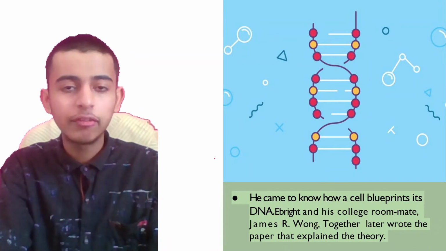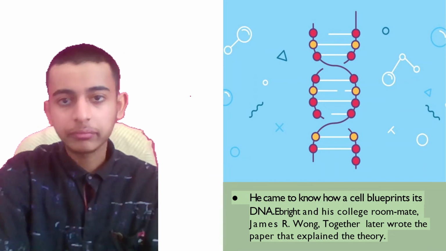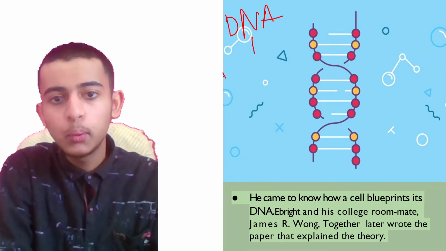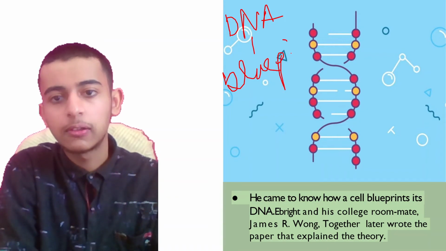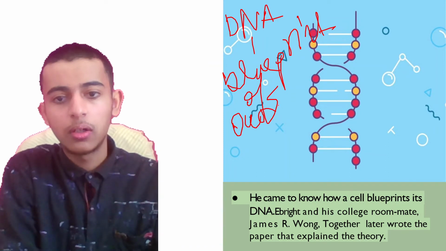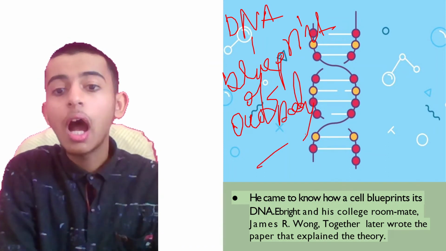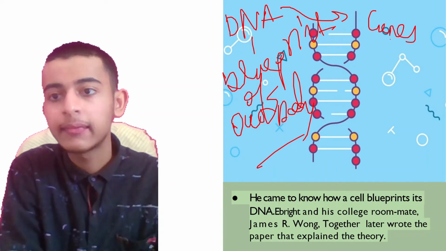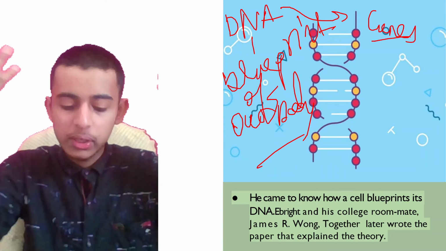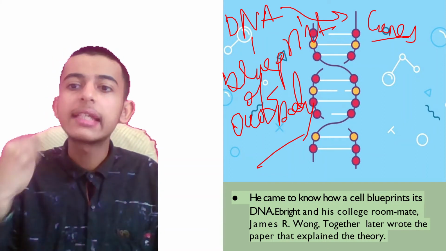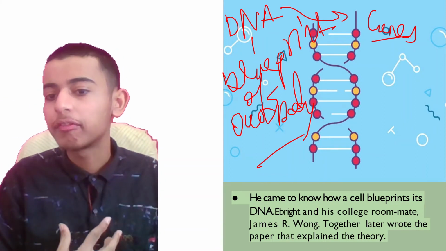So basically, DNA is the blueprint of our body. How? Because DNA contains genes, and these genes are responsible for our body structure as well as the different characters that we have got.